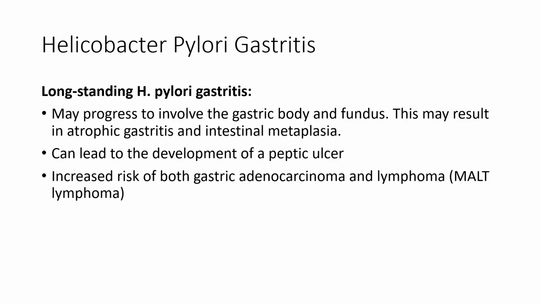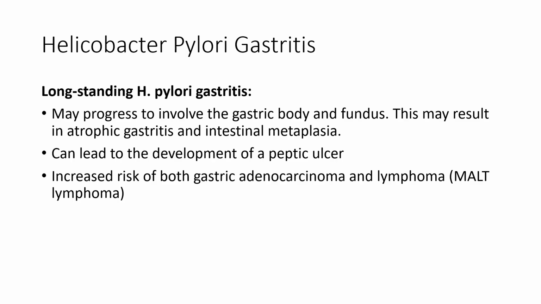However, when the inflammation is prolonged, the gastritis may progress to involve the gastric body and fundus as well. And as we discussed in the beginning of this lecture, the gastric body and fundus contain parietal cells, which secrete gastric acid.